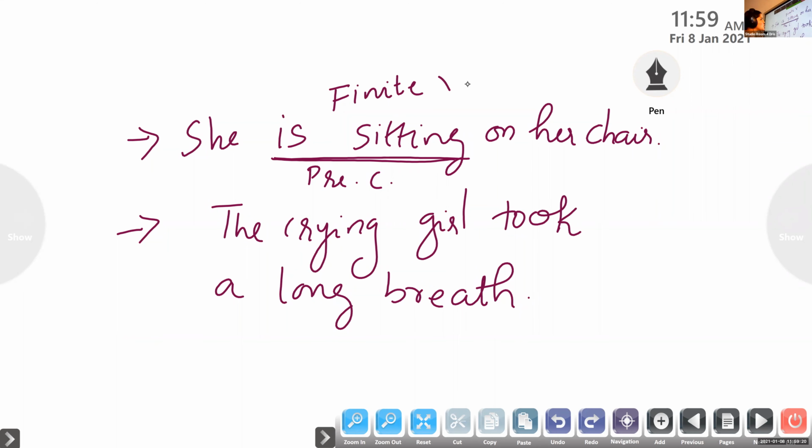Look at the spelling, finite verb. Now I'm just going to ask Manu. Manu? Yes, ma'am. Manu, in the second sentence, you can see the presence of one non-finite verb and a finite verb. I want you to identify the non-finite verb which does not show the tense form. Ma'am, took. Manu, before answering, think a little deeper.